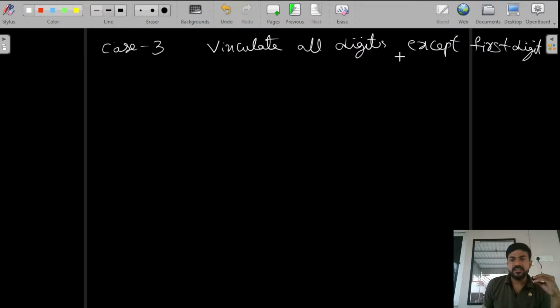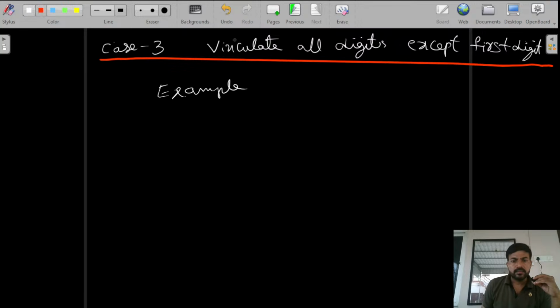So you have to leave the first digit as it is and vinculate the remaining digits. For example 35,879. You have to vinculate all digits except the first digit, which is 3. This is the first digit, remember.